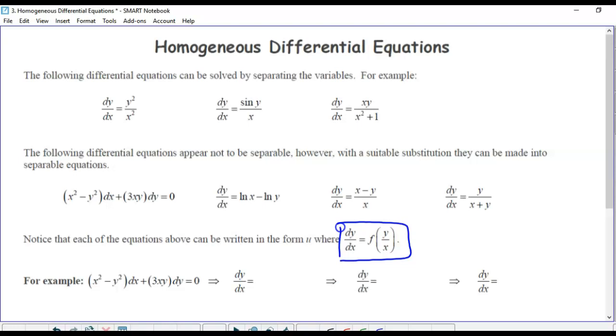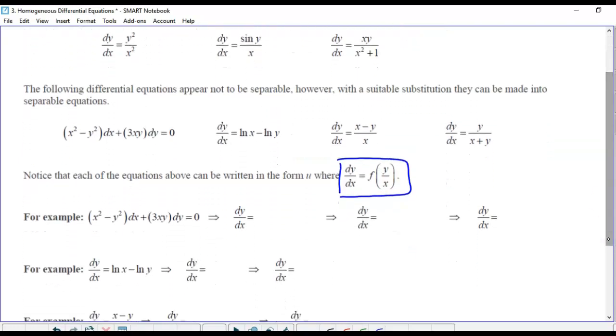So for example, let's take the first example. Let's solve for dy dx. We're going to bring this term to the right, so that's negative bracket x squared plus y squared, and then divide by 3xy.